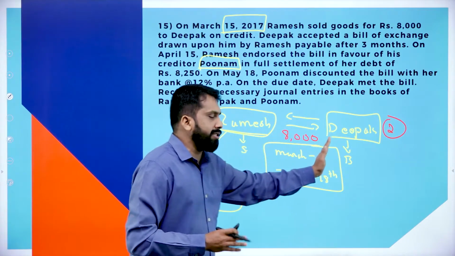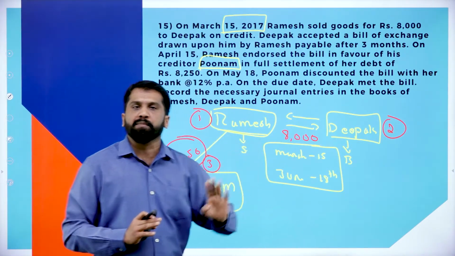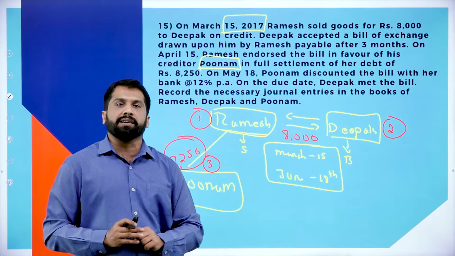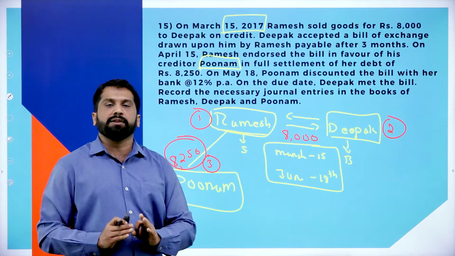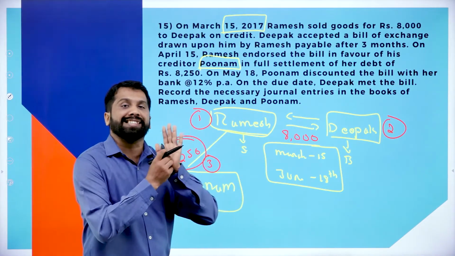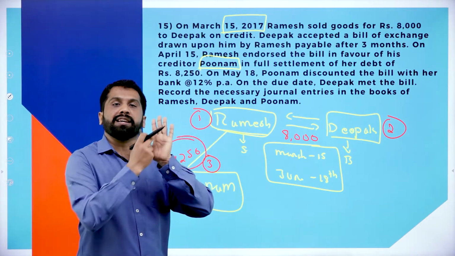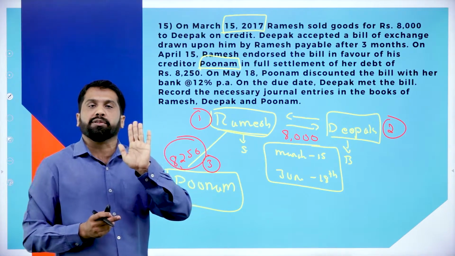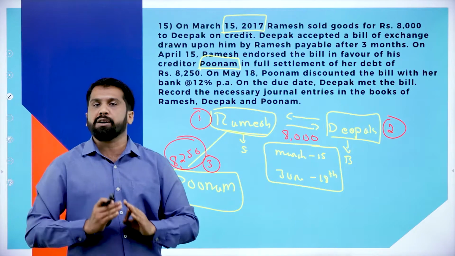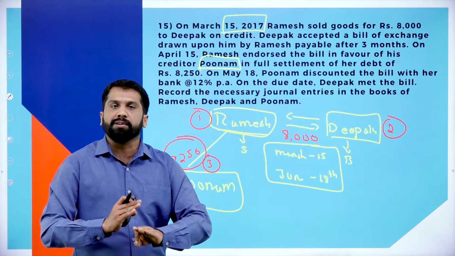Yes, up to this you understood. Now, after 3 months, if I come to you, you pay me 8,000. Clear? Yes. So for that, what document have you given? You have given a signed copy of the bill of exchange. Whenever I show this document after 3 months, I can collect 8,000 from you. Any doubt up to this? Hope there is no doubt.